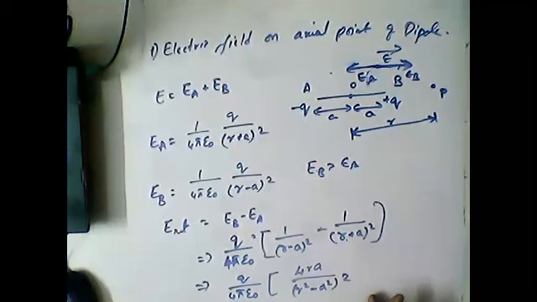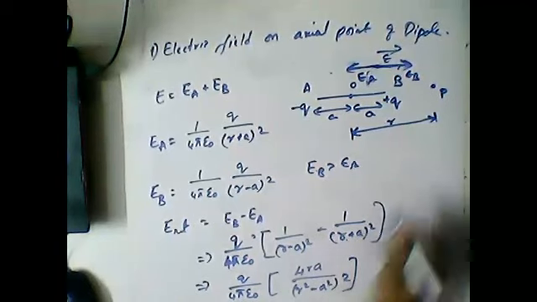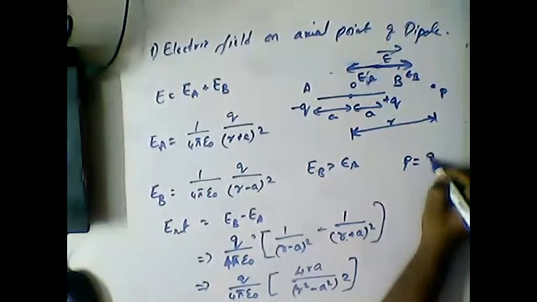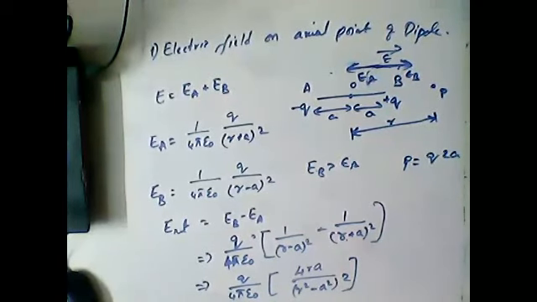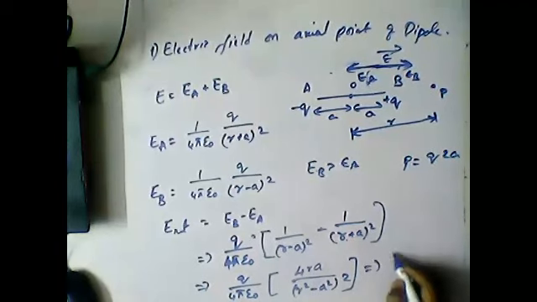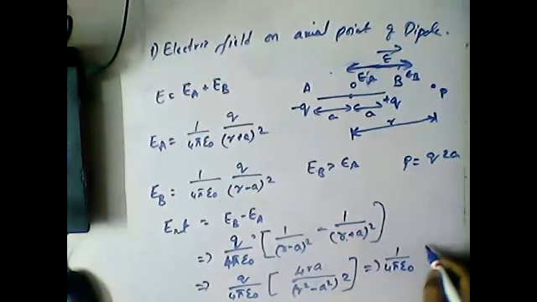So this is the formula we are getting. If you clearly observe, just before we discussed that P is equal to Q into 2A. So from this the final formula can be written as 1 by 4 pi epsilon 2pr by r square minus a square whole square.